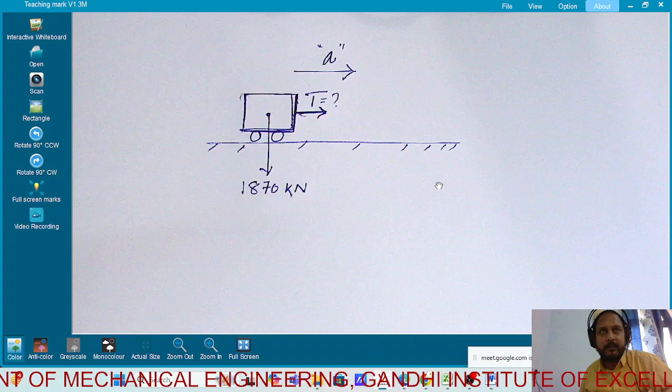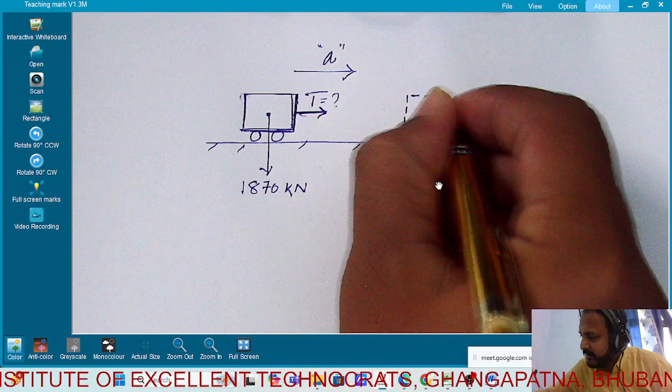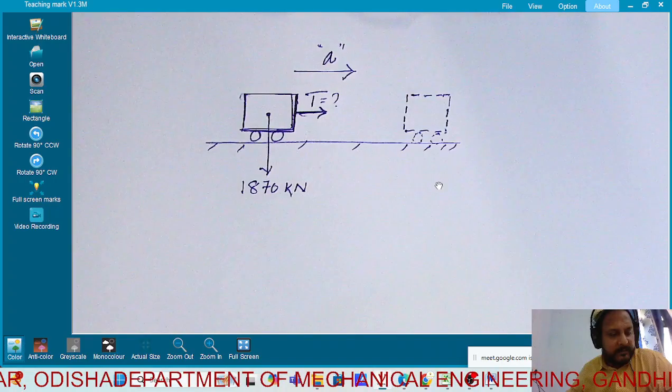Now this train, we have assumed that it is moving towards which side? It is moving towards the right side. Clear? So now, after how many seconds is it acquiring a velocity of 56 kilometer per hour? We have seen.